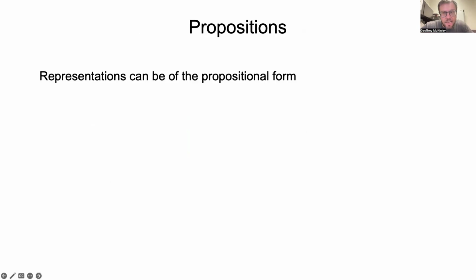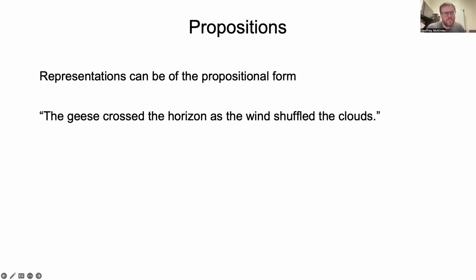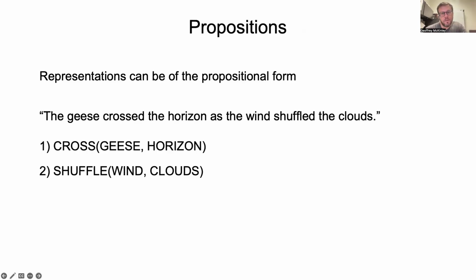And so I'm going to show a study now that illustrates this, right? So if the sentence was the geese crossed the horizon as the wind shuffled the clouds, that has two propositions in it that are connected: geese crossed the horizon and wind shuffled the clouds.